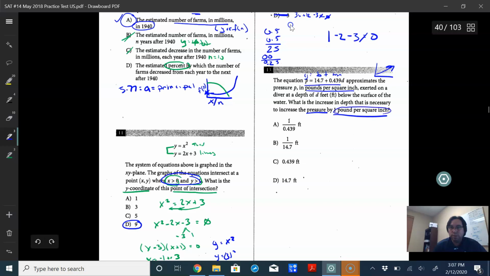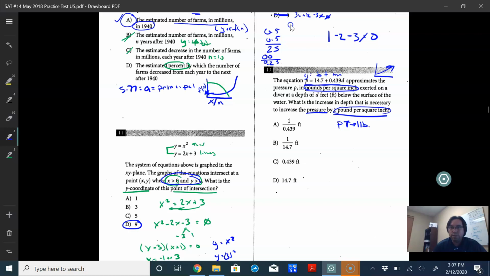And so we could see these, always use your units and match them together. So what this is saying is that we want P to go up by 1 pound. All right, that's essentially what's being done here, is that we want this equation to go up by 1 pound. And how to do that?